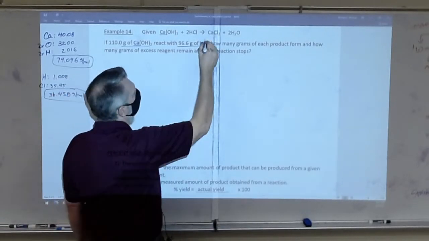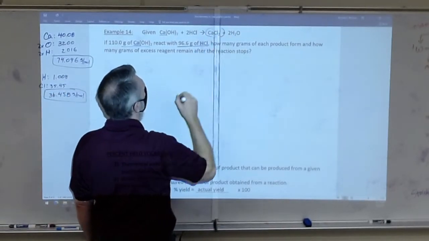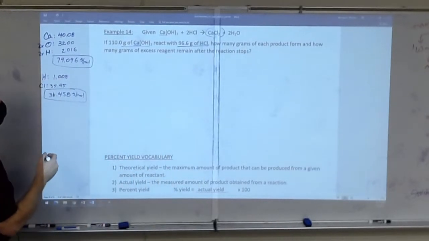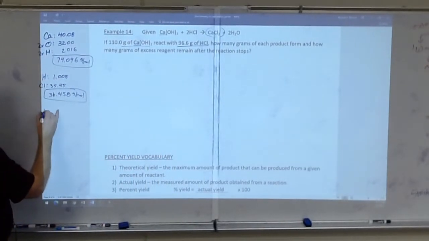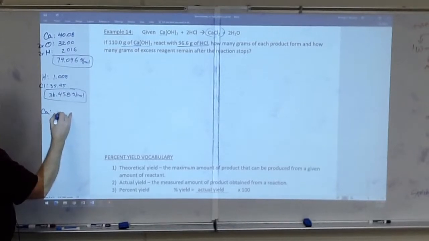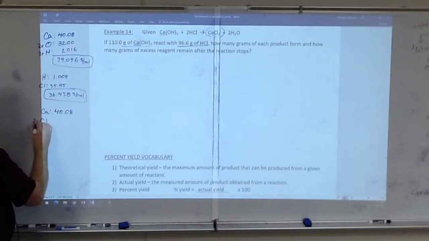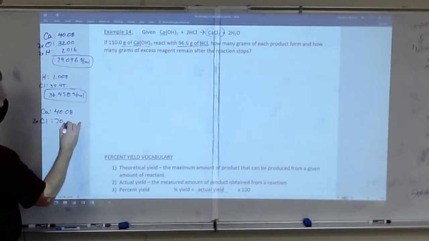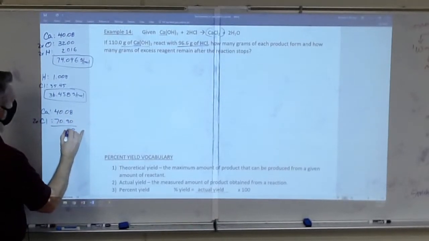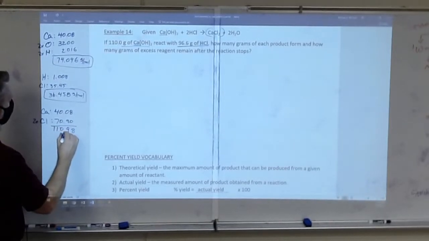So let's look at calcium chloride. I need to calculate its molar mass: calcium is 40.08, and Cl, 2 times that is 70.90, so 110.98.